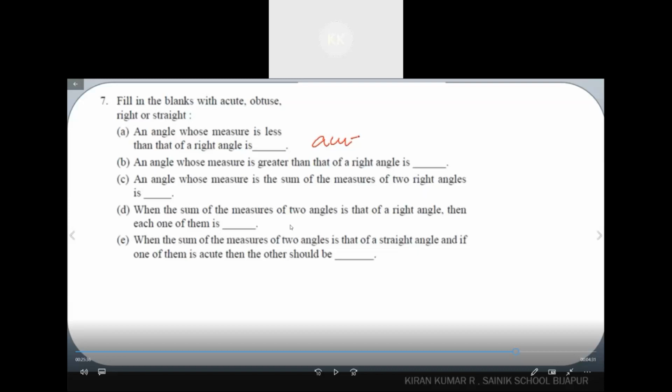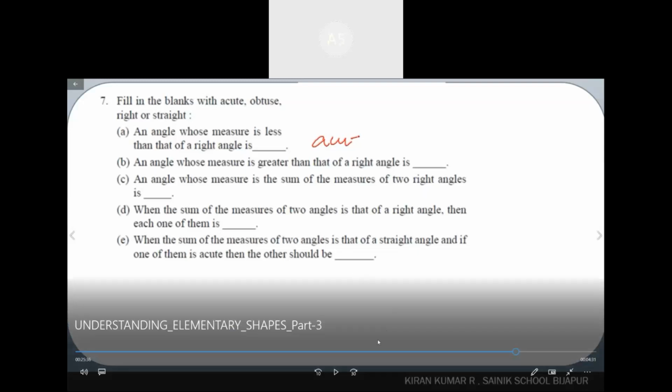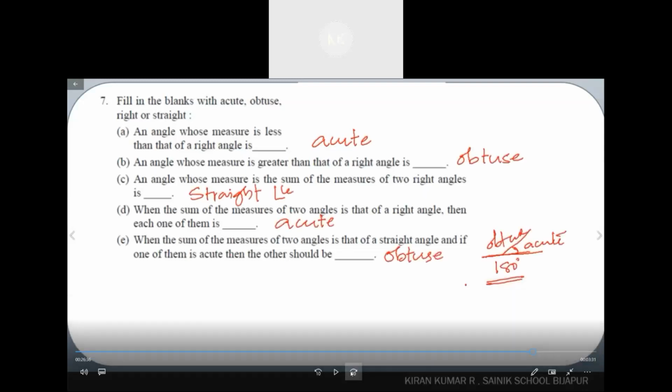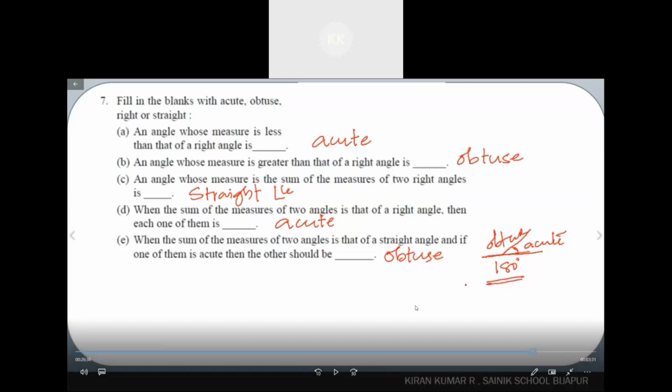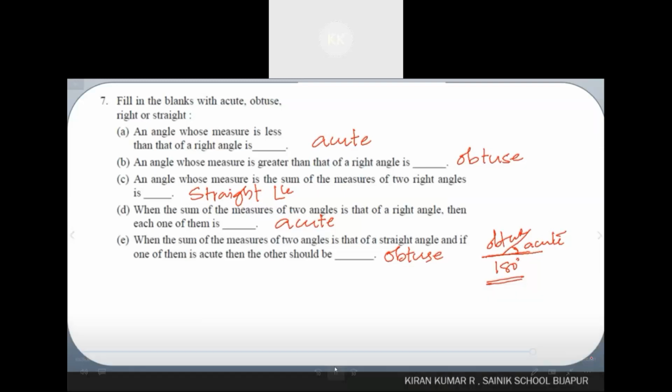The sum should be 180 degrees. Here you can see one obtuse angle and one acute angle. If their sum is 180 degrees, they are called supplementary angles.